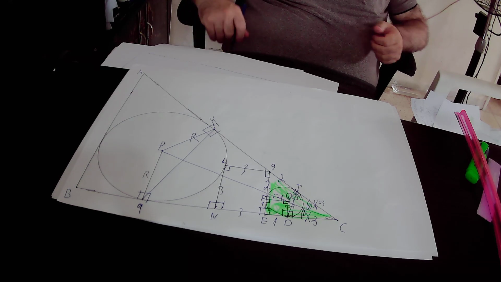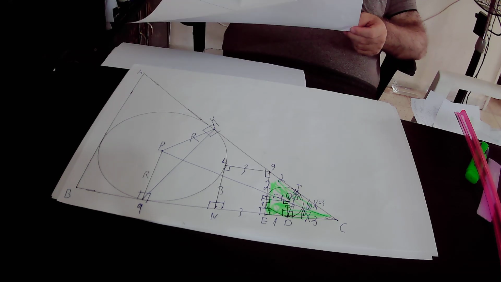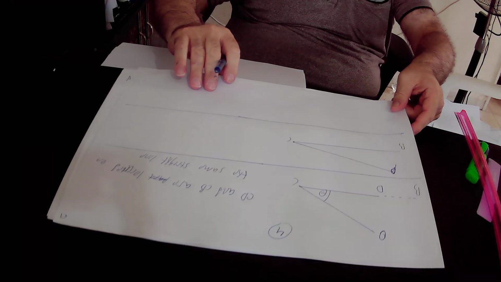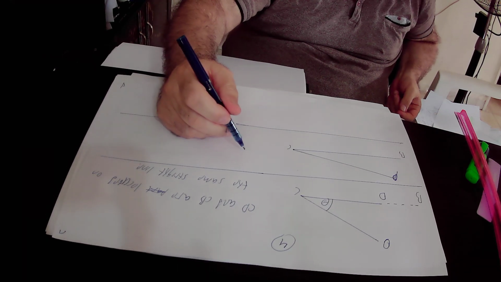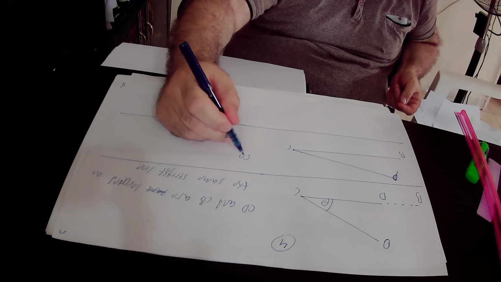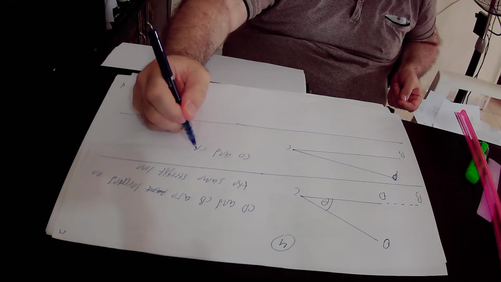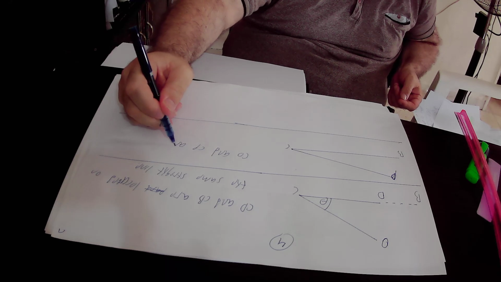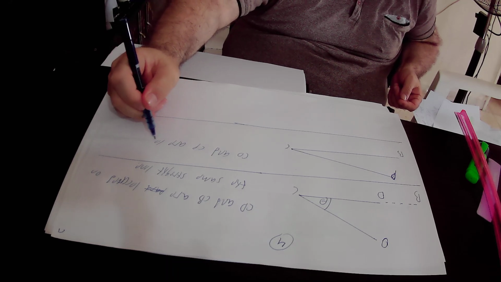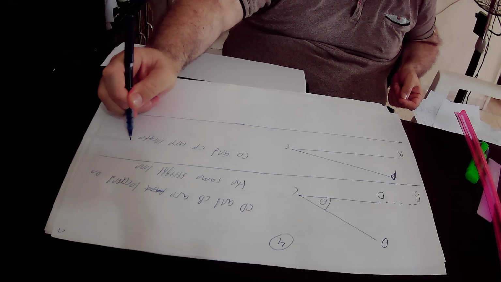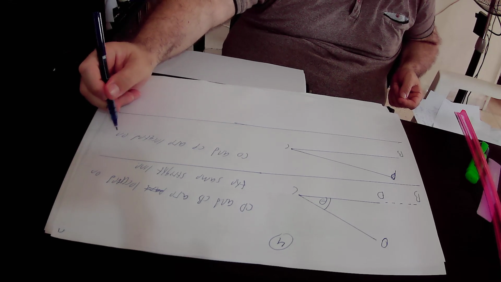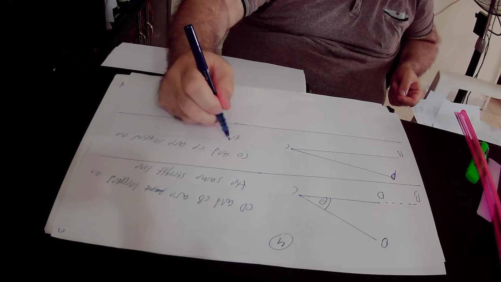Okay, according to our assumption, we can write down that CO and CP are not located on the same straight line.